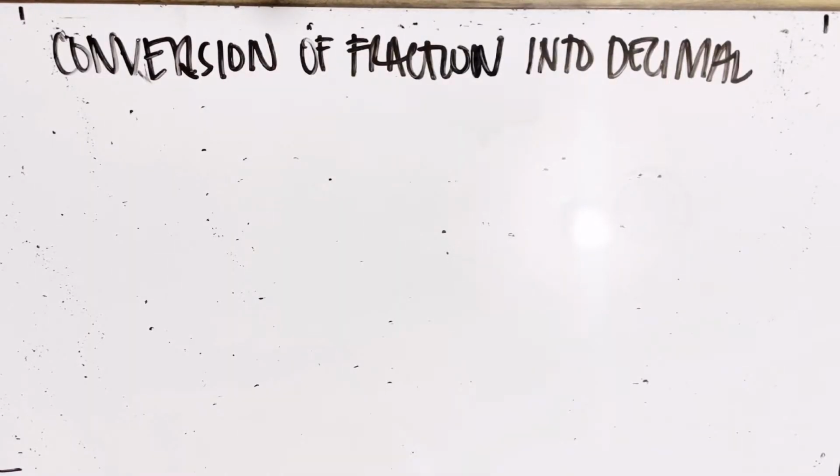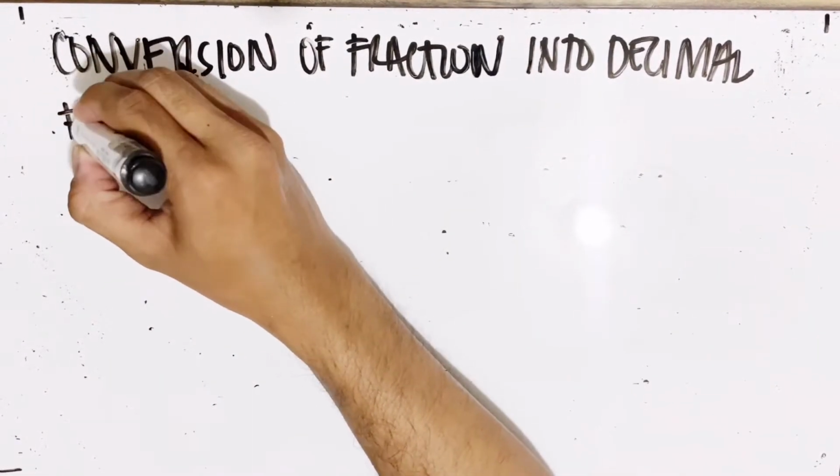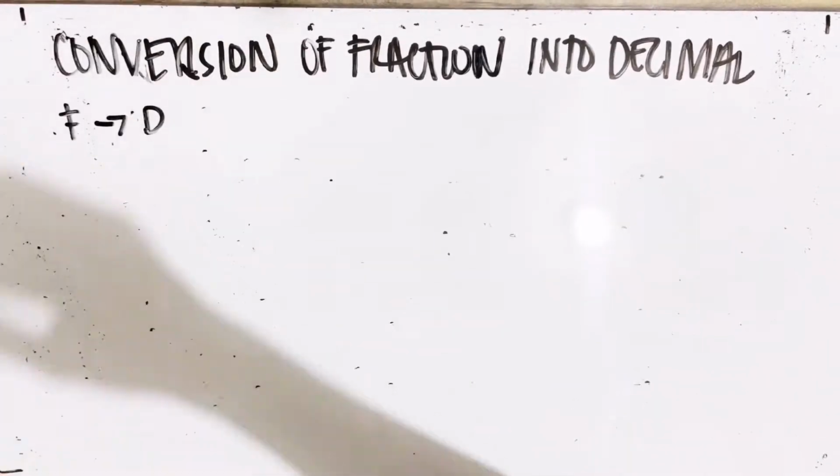Next topic is the conversion of fraction into decimal. So let me show you how to do the conversion of fraction into decimal and its vice versa, which is decimal to fraction. So let me show first fraction to decimal.